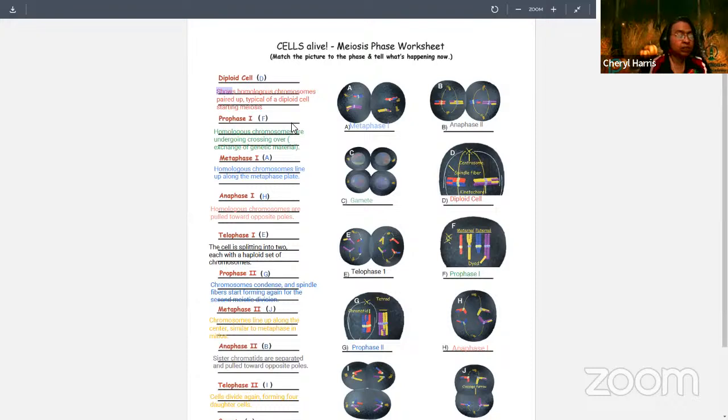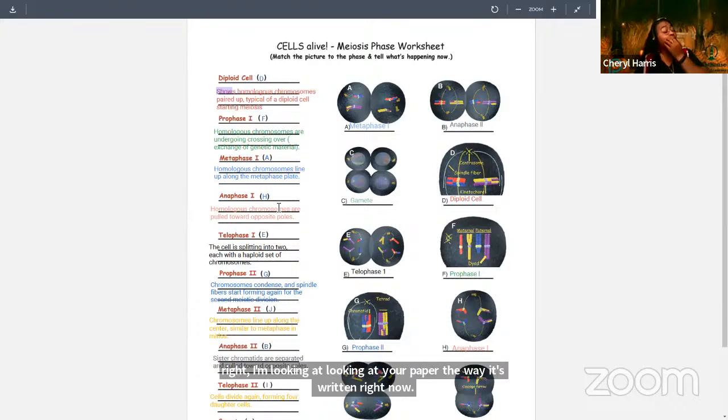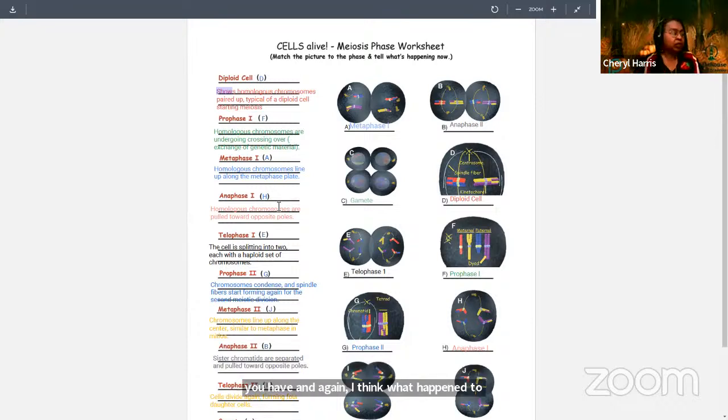Okay, let me say this again. All right, I'm looking at your paper the way it's written right now. And I think what happened too is on this particular page, one of the pages had letters already printed on it. And I said to you when I printed it, because somebody asked me why the letters were already on the page, I said, those are wrong. Do not assume that those were correct.